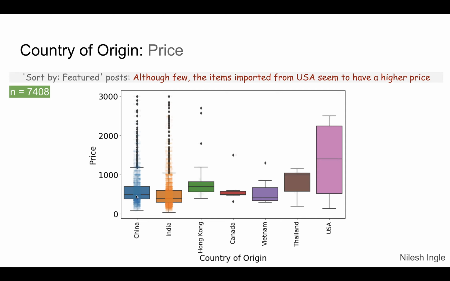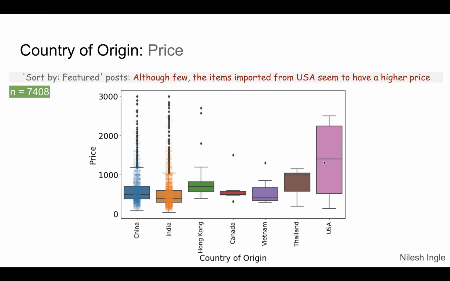So here we can see that the toys that are imported from the US seem to have a higher price, although the number of products imported from the US that were listed in the first 30 to 40 pages of the search that I did were very few.